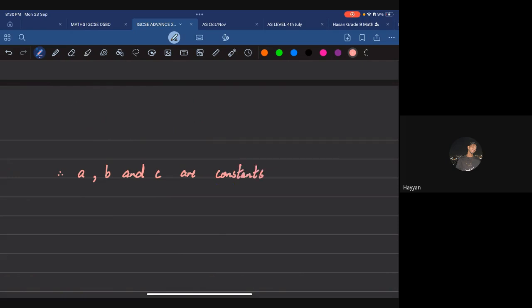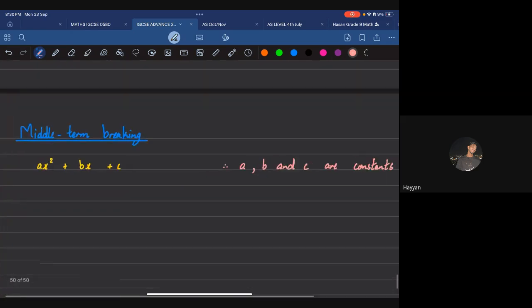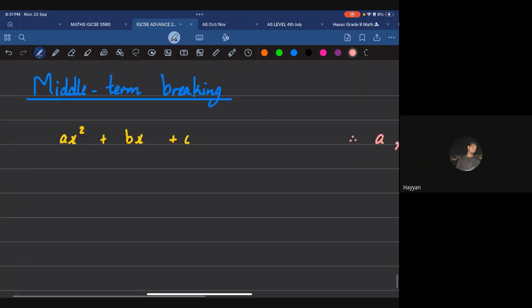So the question says middle term breaking. So I have to break the middle term.